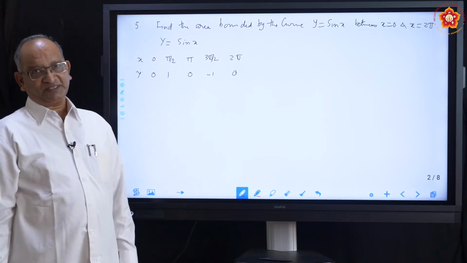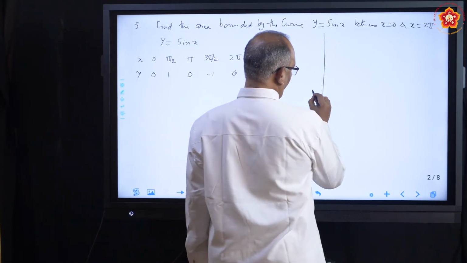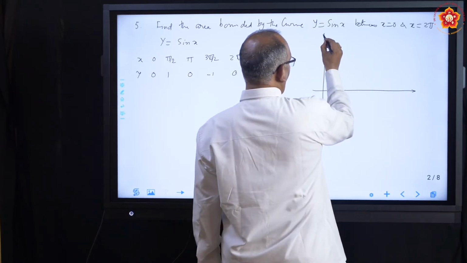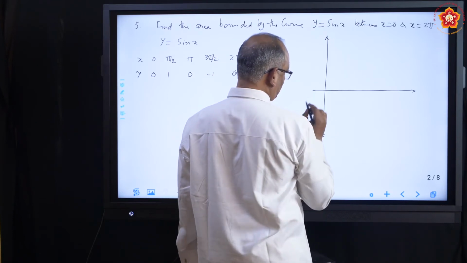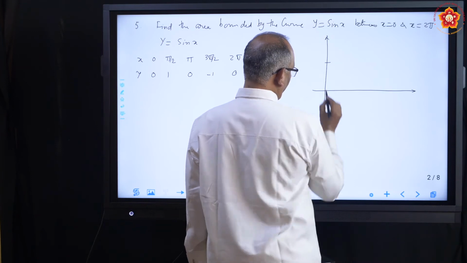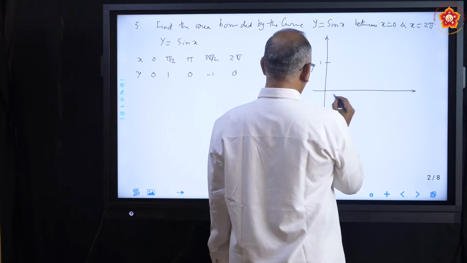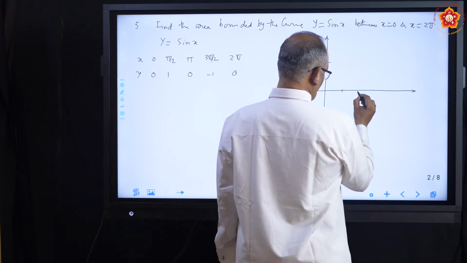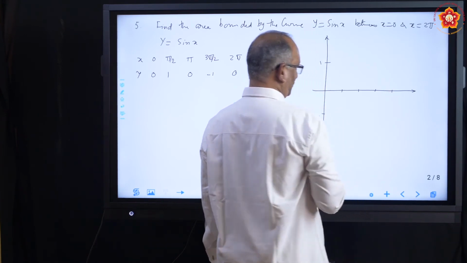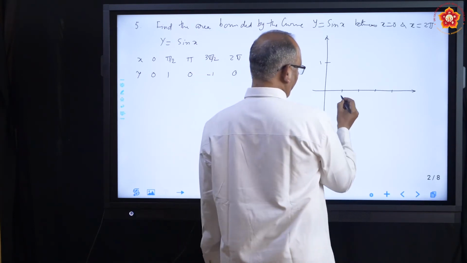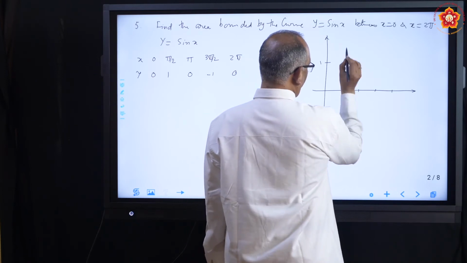So let us draw the graph of this particular function first. Let us say this is 1 and this is minus 1. And the values which we are taking: pi by 2, pi, 3 pi by 2, 2 pi. When it is 0, it is 0. For pi by 2, it is 1.